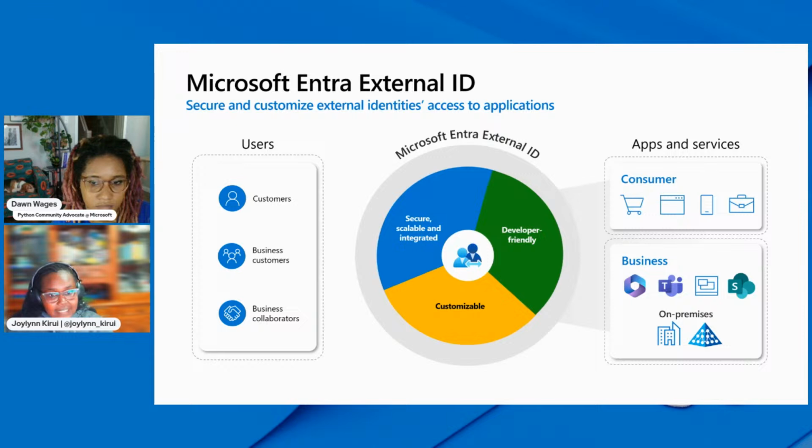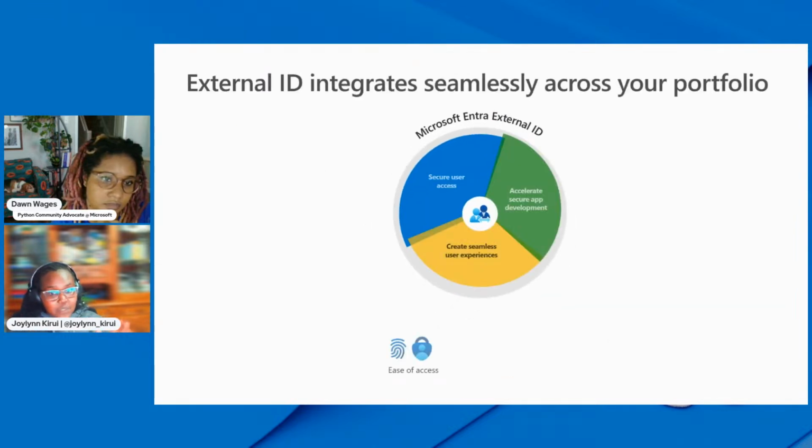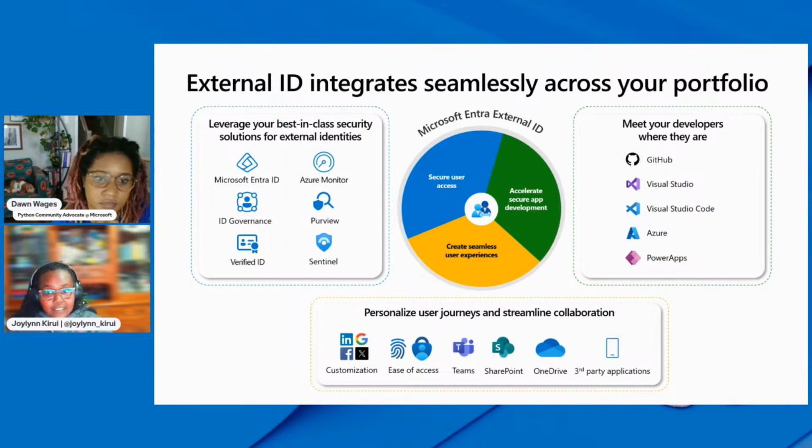One key thing that we find is that External ID is very simple to integrate, and it's best in class that I can tell. By building External ID on the same stack as Microsoft Entra, we can extend capabilities customers love to external identities, backed by trillions of security signals, platform scalability, and high reliability as well.